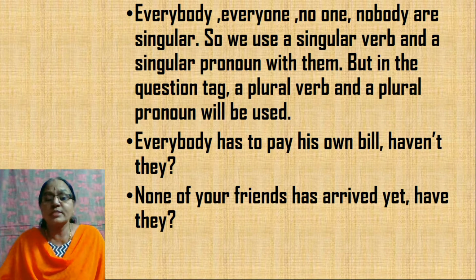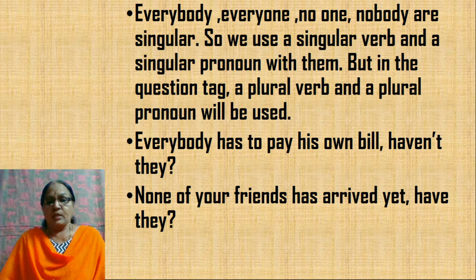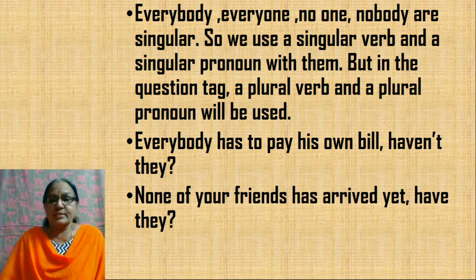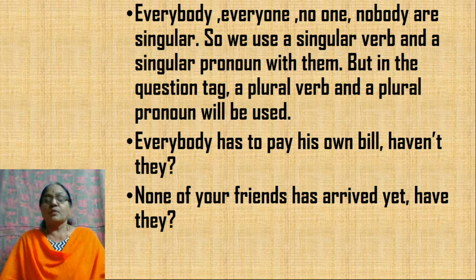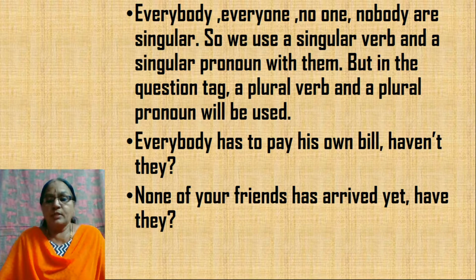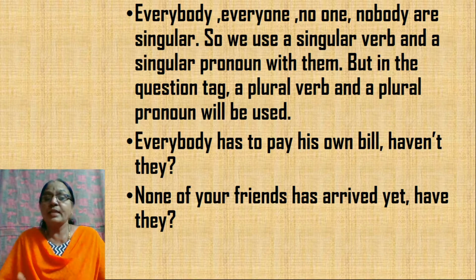Look at the sentence. Everybody has to pay his own bill. Now here, has is the auxiliary verb, used as a singular verb when it is used with everybody. Hence in the question tag, we will have the plural pronoun as well as a plural verb.